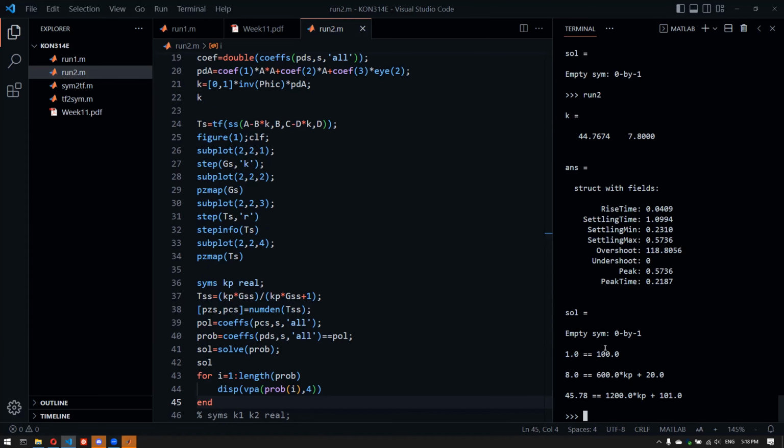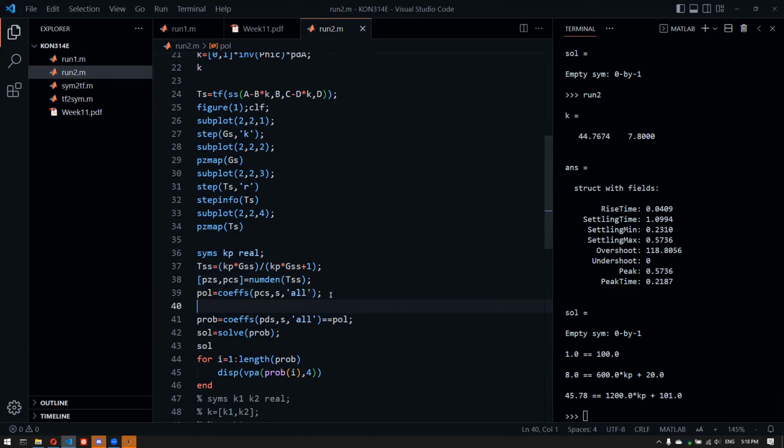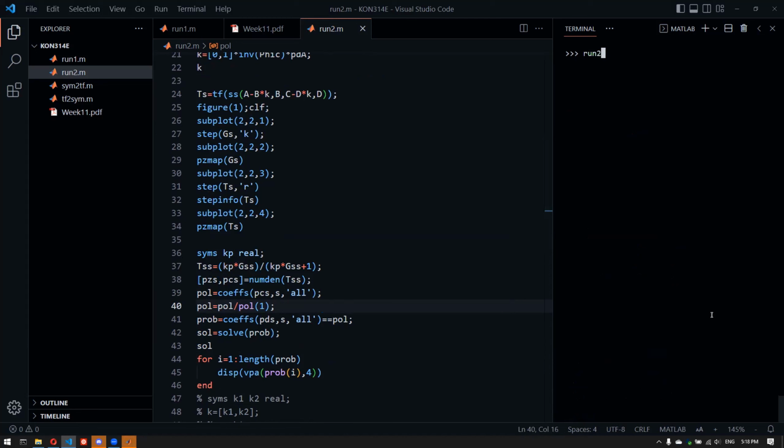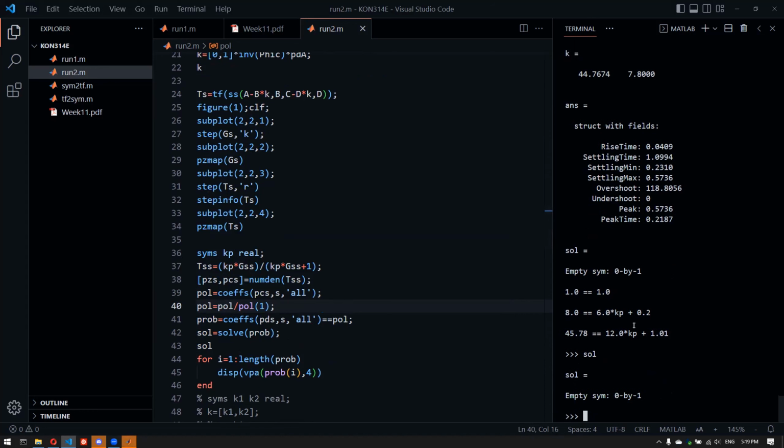Now we can see that we still have a normalization issue here. So pole equals pole divided by pole 1. Let's solve that. Now, do we have a solution? We don't. What could be the reason here?